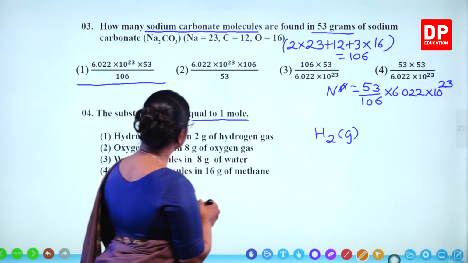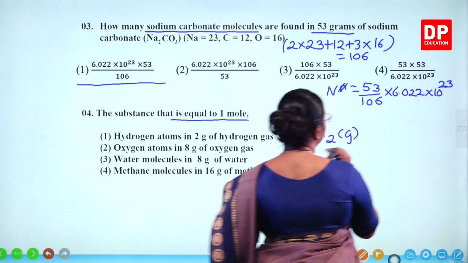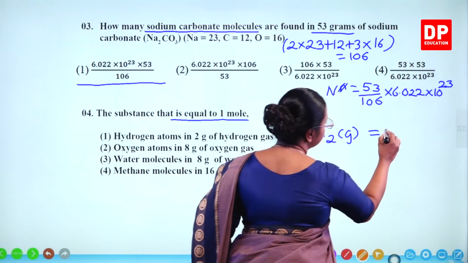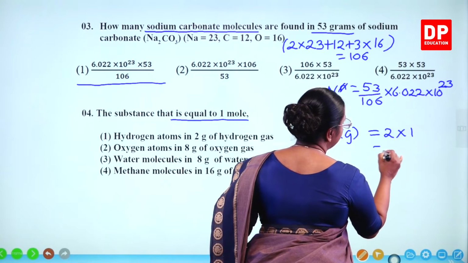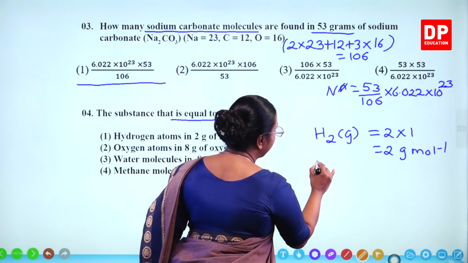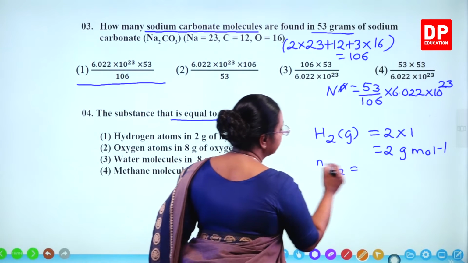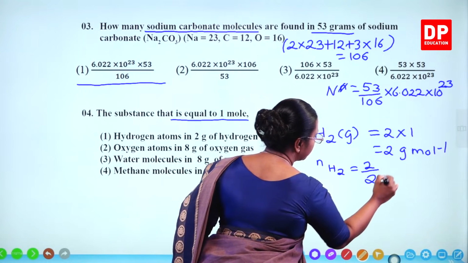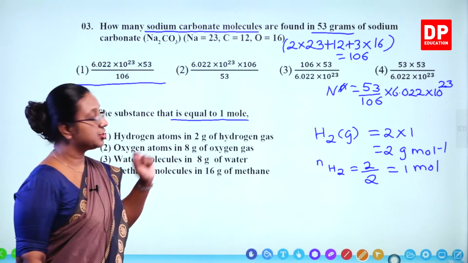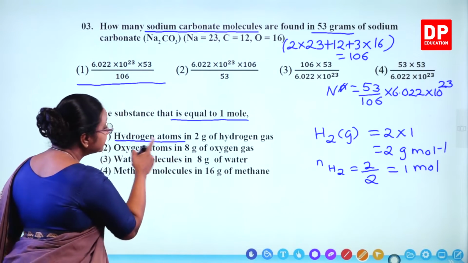In hydrogen gas, there is 2 grams. So what is the molar mass of hydrogen here? If you calculate, there are 2 hydrogens, so 2 into 1, that is 2 grams per mole. If you calculate the number of moles of H2, that is 2 divided by 2, which is 1 mole. But look at the question carefully. They want you to find the hydrogen atoms.